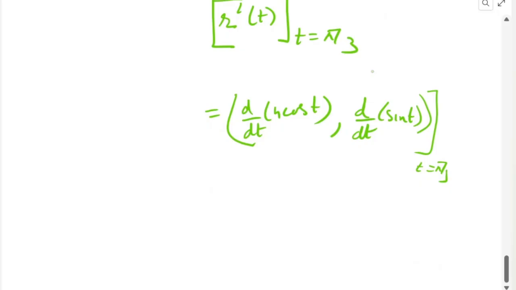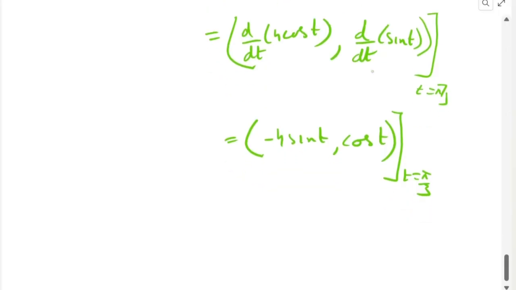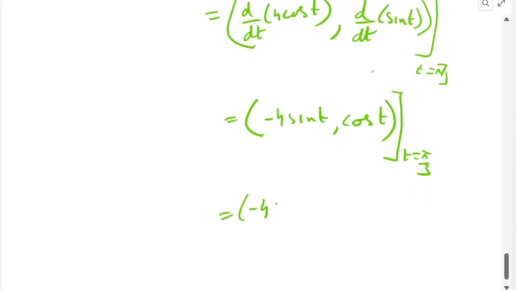That means first you differentiate, then minus 4 sin t, this is cos t, at the point t equals pi by 3. That means minus 4 root 3 by 2 and half, whatever it comes, it is your answer.